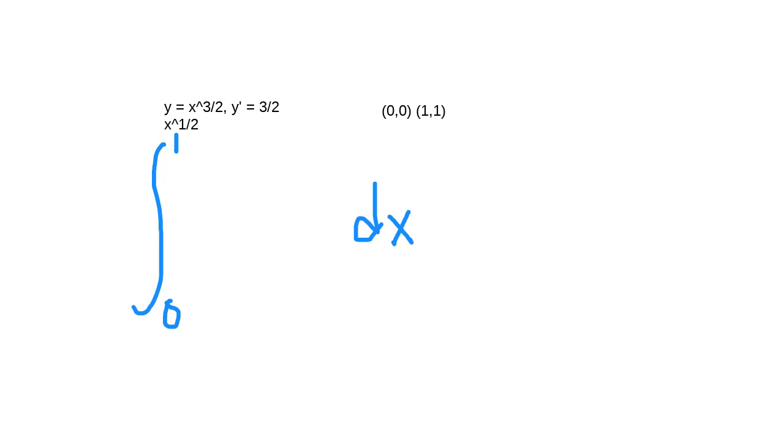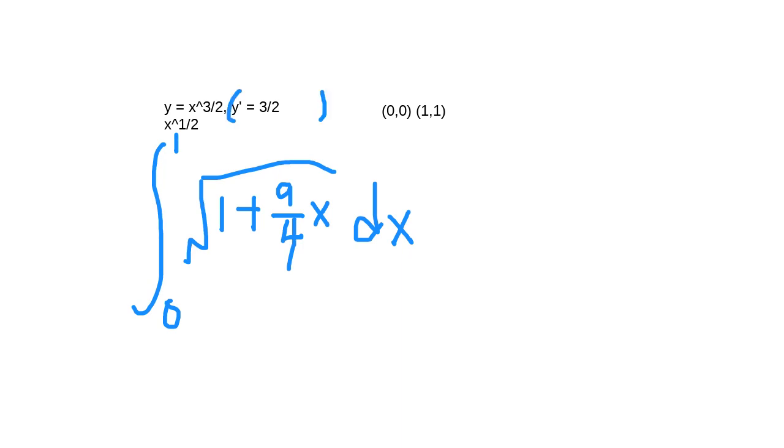What's the integrand? The integrand is the square root of 1 plus y prime squared. Well, what's y prime squared? It's 9/4 x, right? Because we square this. Okay, 9/4 x. Okay, use u substitution.